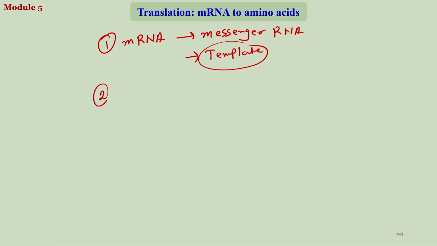A second ingredient is called tRNA, or transfer RNA. We'll see shortly how it looks. What does it do? This actually carries the amino acids.